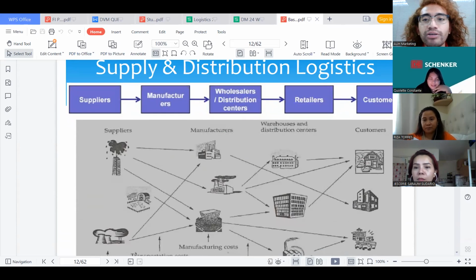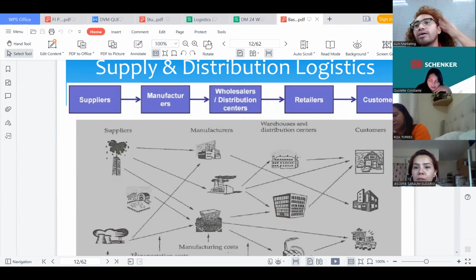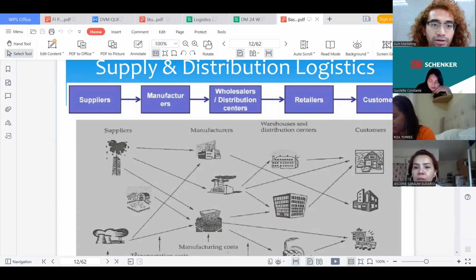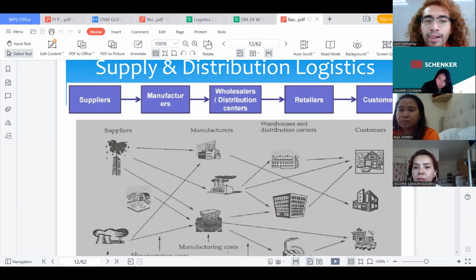Page 12. Yes, page 12. This is supply distribution, a research paper. I don't give exams like multiple choice and all that.